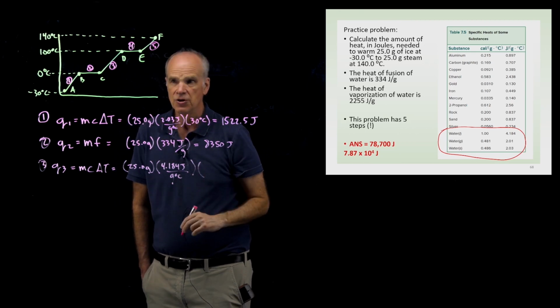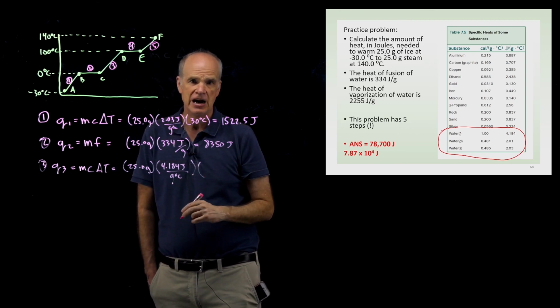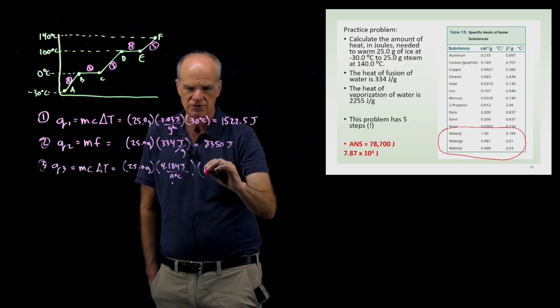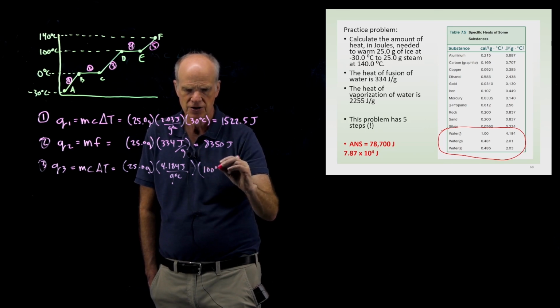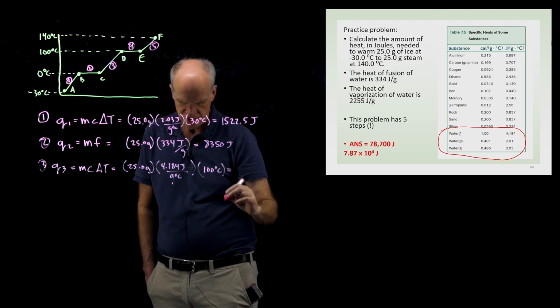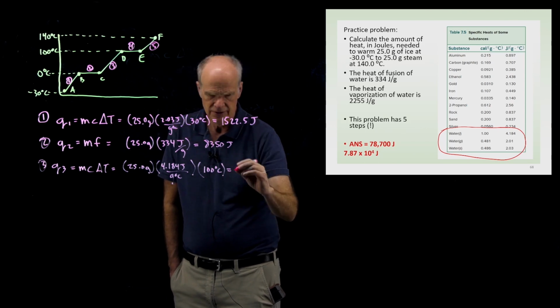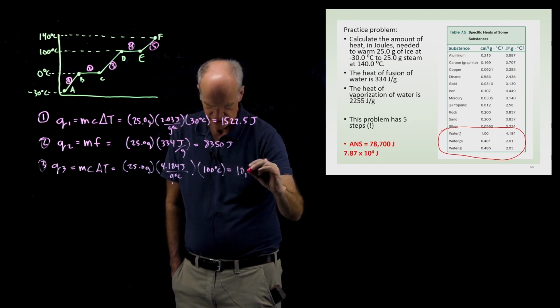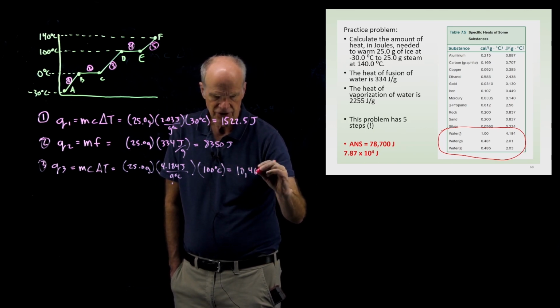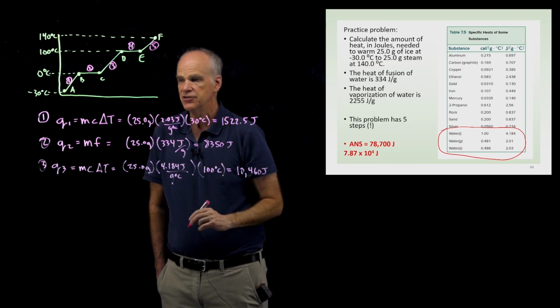And then we multiply by the temperature change. And so it's final minus initial. So it's 100 minus 0. So it's going to be 100 degrees Celsius temperature change. And so if you do the math here, what I got was 10,460 joules.